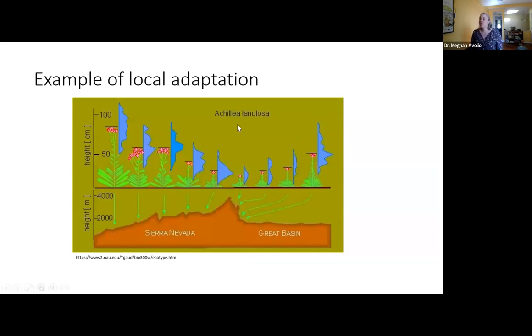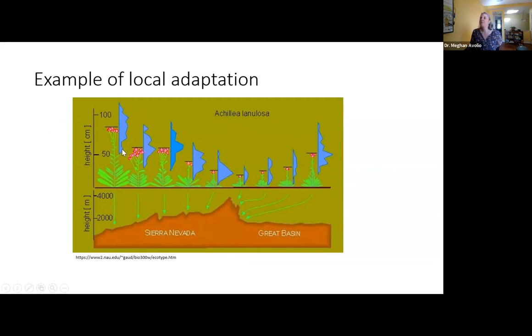Here's an example of local adaptation within an Achillea species going across the Sierra Nevadas into the Great Basin. What we're seeing is great variation in plant height and plant size. And so here is just a histogram of plant height. So there's lots of variation in plant height.